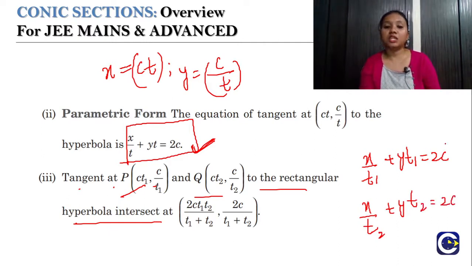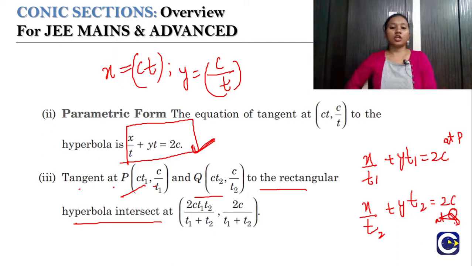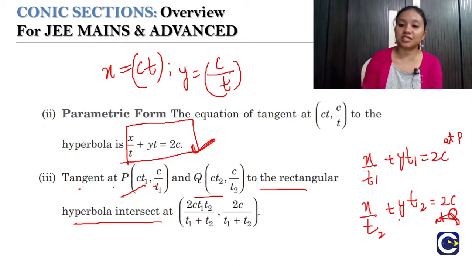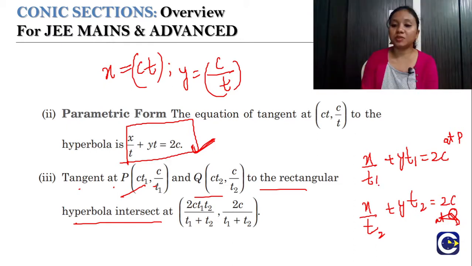This is my equation of tangent at point P, and this is my equation of tangent at point Q. To find the intersection of these two tangents, I can solve these two equations and get my intersection in terms of the variables t1 and t2.